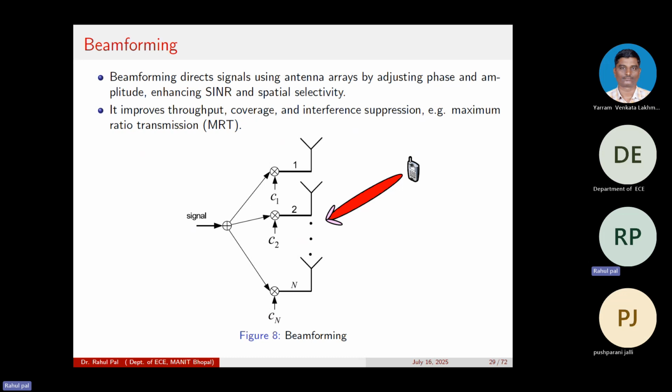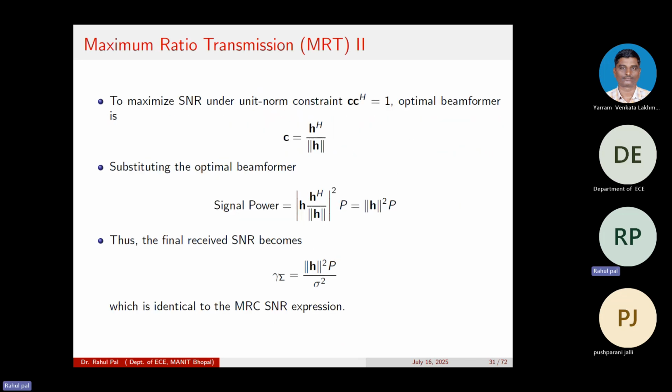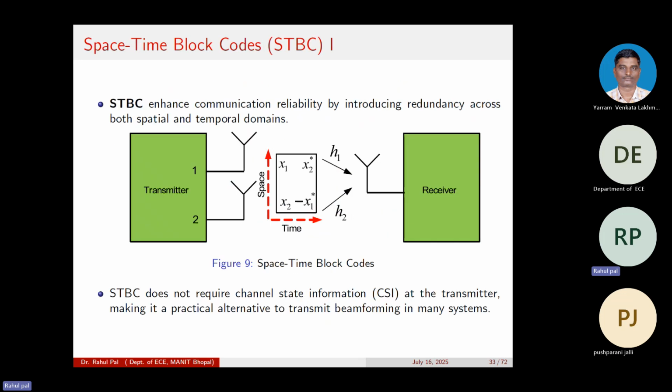So we put the constraint that the C vector is a unit vector, so the norm of C equals one. This will be a unique vector, and my objective is to increase the signal to noise ratio.